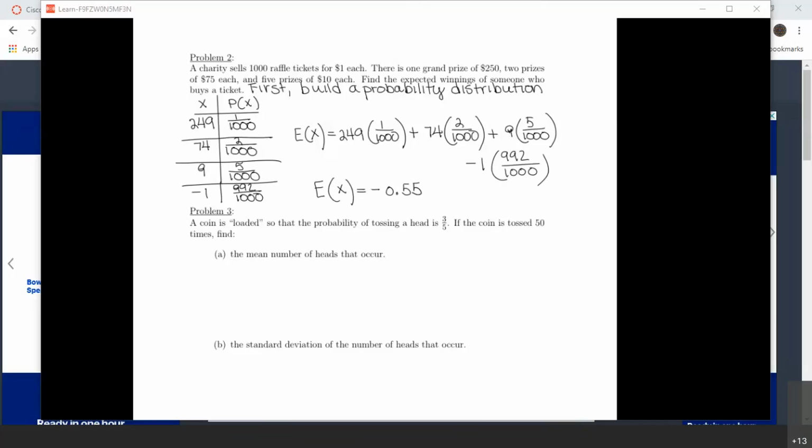Anybody want to explain the meaning of that expected value? What does it mean in the context of the problem? Can any one person playing the game lose 55 cents?